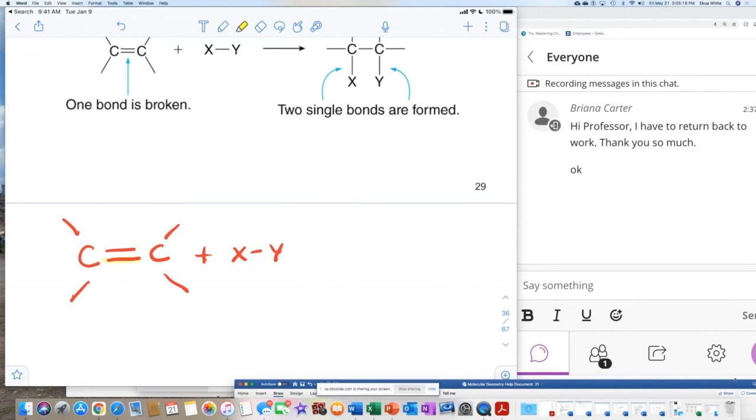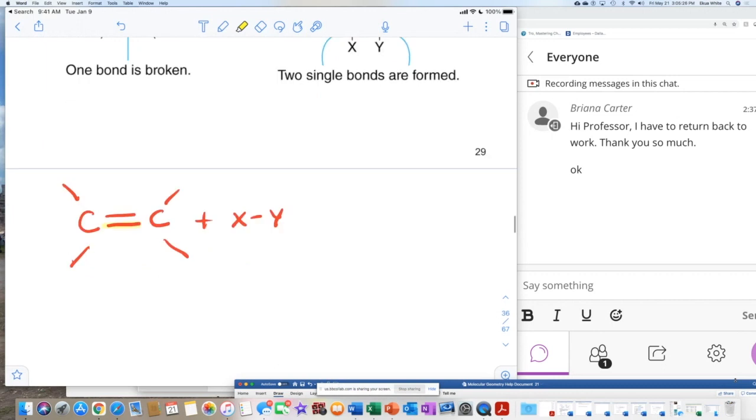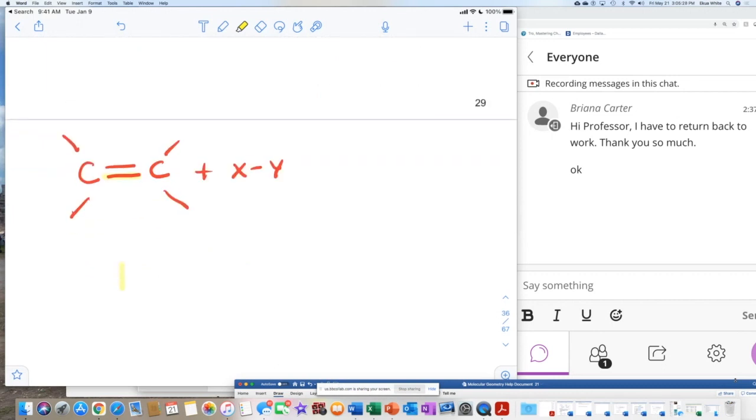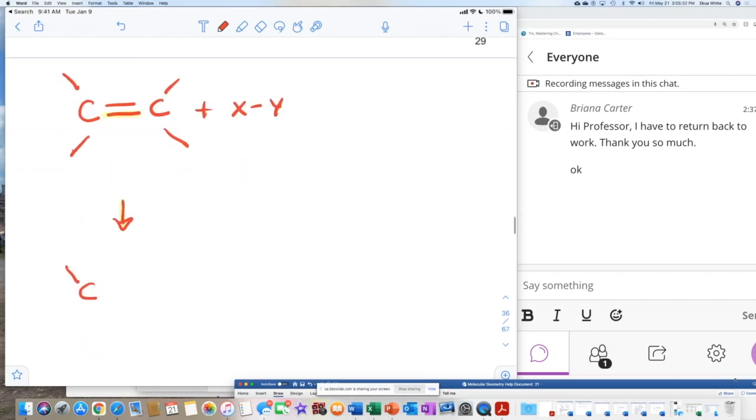The bond breaks apart between the two carbons, only one of them, so that each carbon now has kind of half a bond, which is like one electron. So it's like carbon, full bond, full bond, full bond, full bond. Let me now write this vertical, sorry.